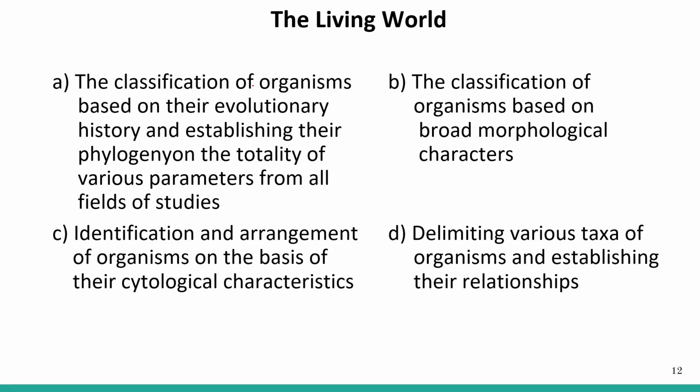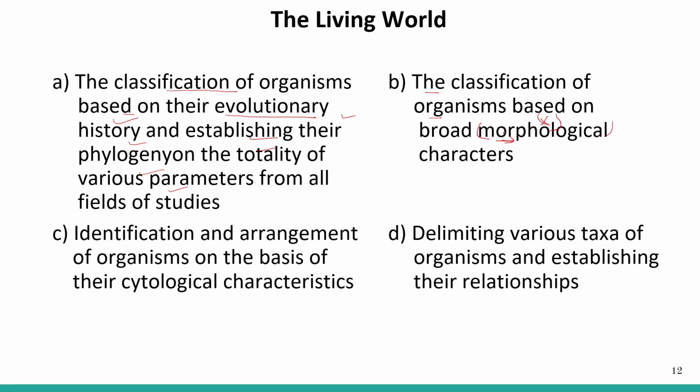The first option is the classification of organisms based on their evolutionary history and establishing their phylogeny, on the totality of various parameters from all fields of study. This option is correct. Second option is the classification of organisms based on broad morphological characters. This is wrong.